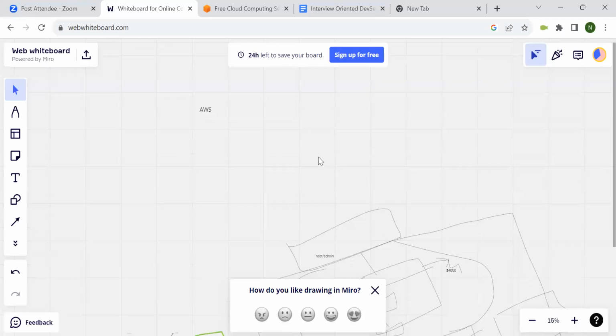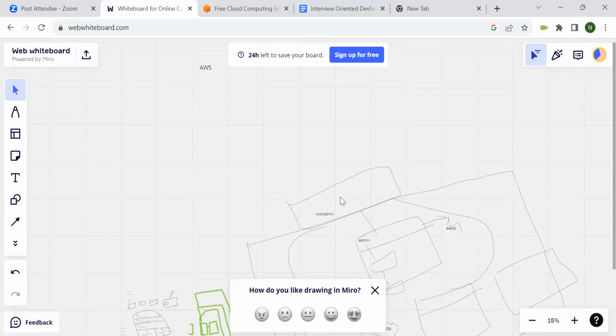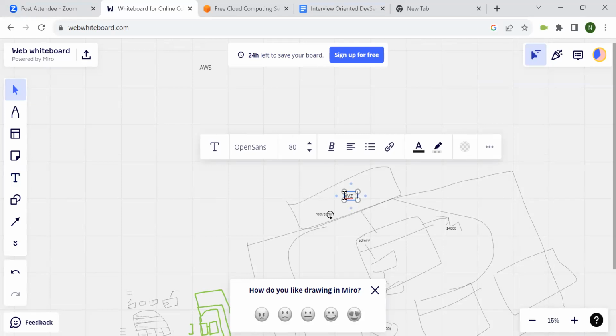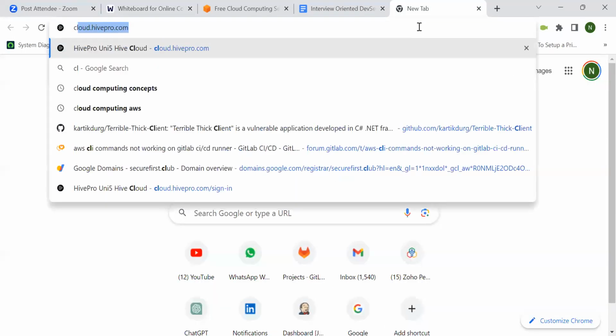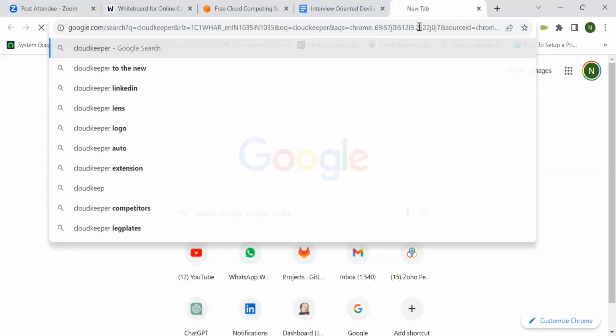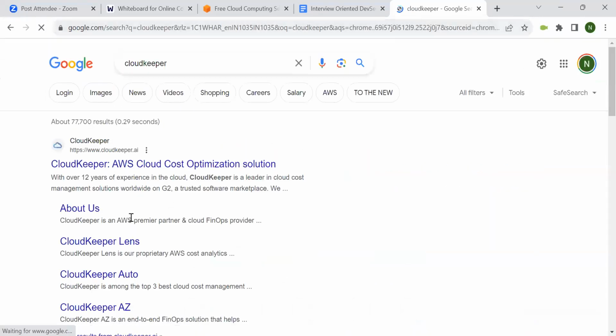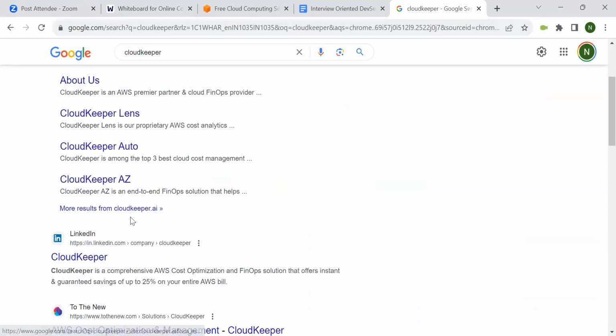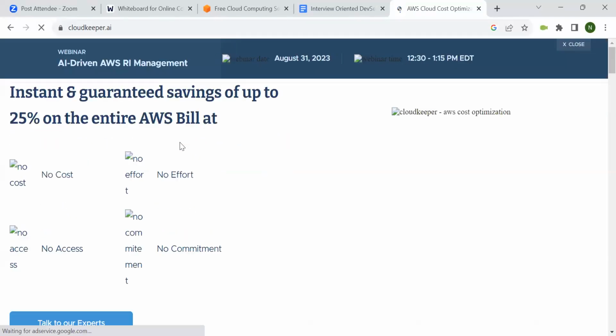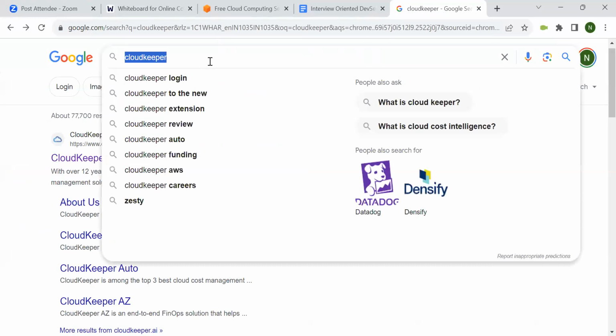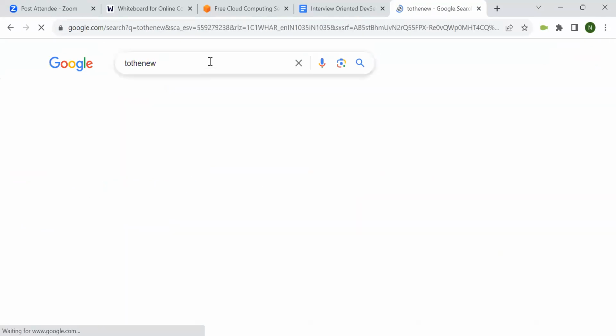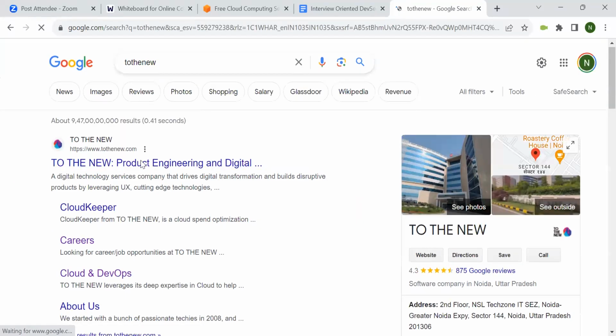For example, these guys are called XYZ. I forgot the name to show you something. One minute, Cloud Keeper. See, Cloud Keeper is one of the products for these guys. To The New is one of the companies.